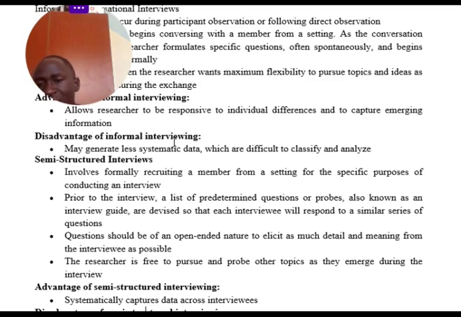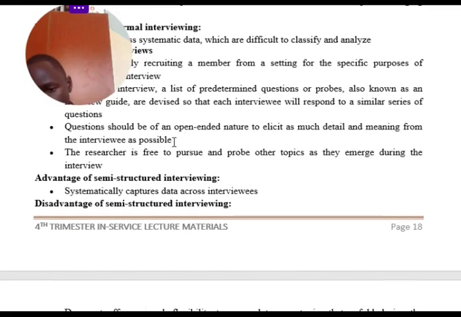That is, the researcher is free to ask questions depending on what the interviewer and the interviewee are doing when they are carrying out their session. That is what we call the semi-structured interviewing.